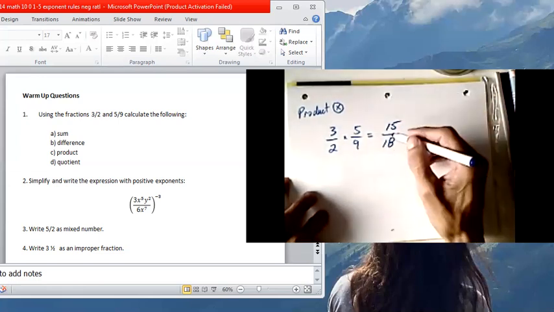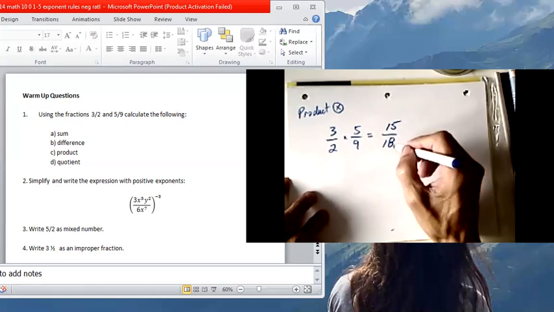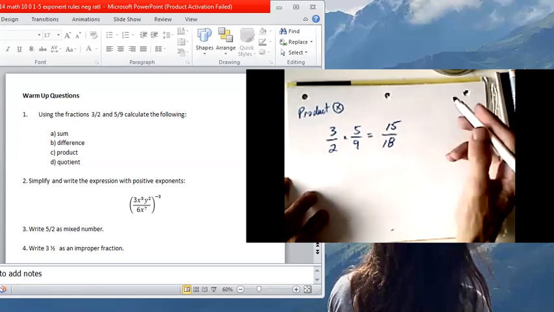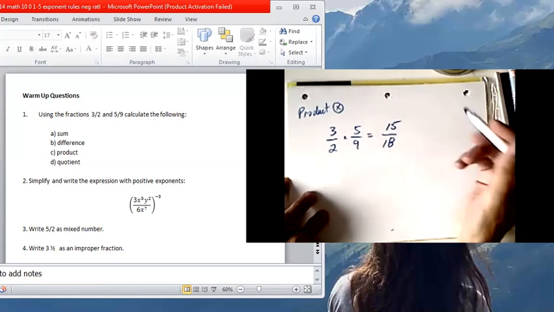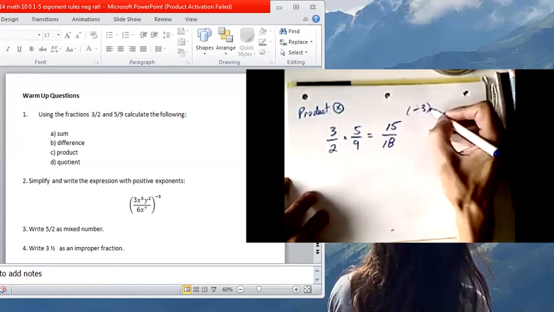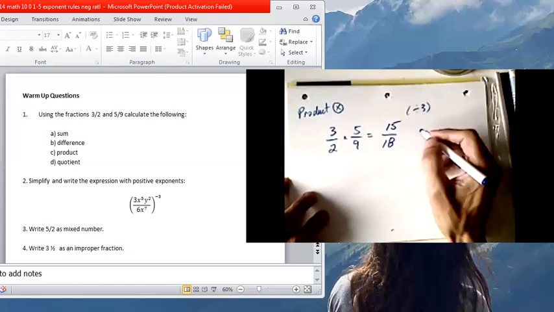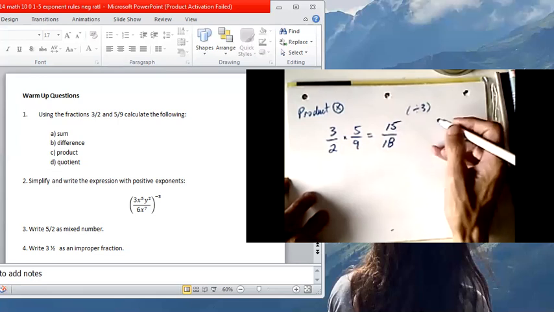Now I know, and I think you might know too, that there is a number that divides into both of those, namely the number 3. So you divide both the top and bottom by 3 in order to get these numbers smaller.